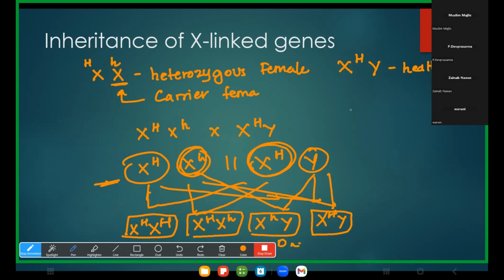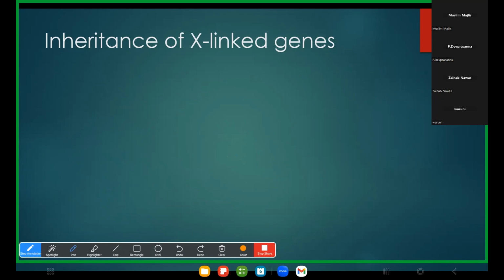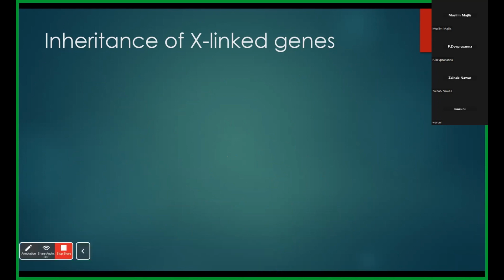If a female has to be diseased, then she should have both alleles as disease, which means the allele from the mother and the allele from the father should both be diseased. So the chance of a female getting such a condition is very low compared to that of a male. So this is how we can get red-green color blindness or hemophilia.